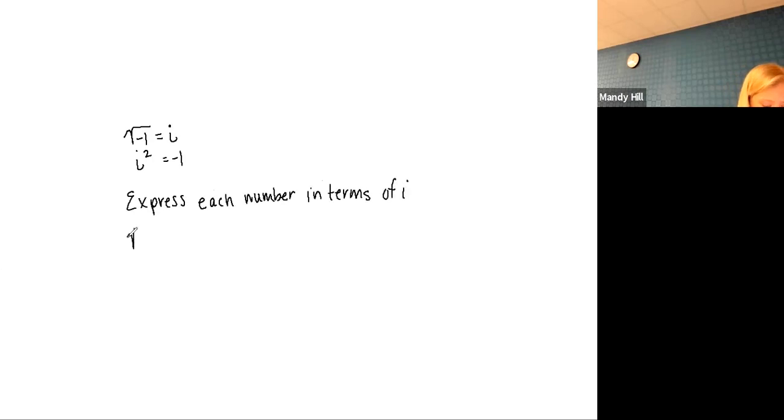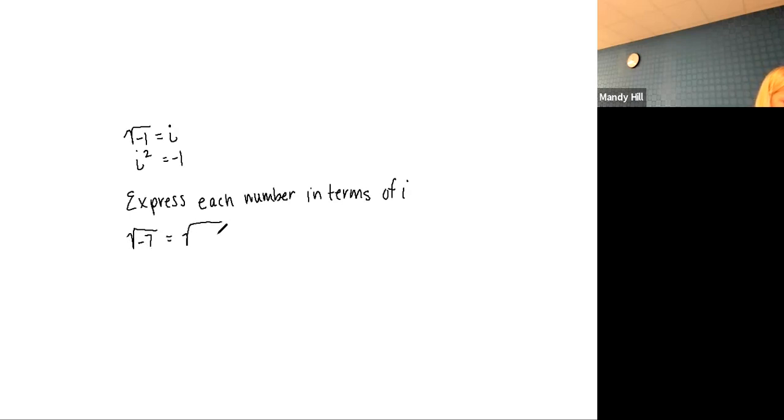Okay, so the first problem is the square root of -7. I know that 7 is prime. I also can't really do anything with this without using I, because it's the square root of a negative number.